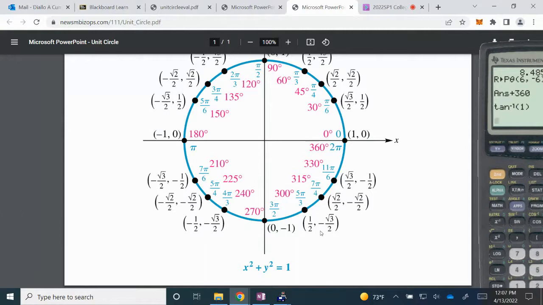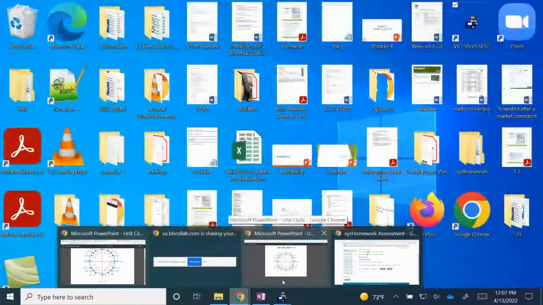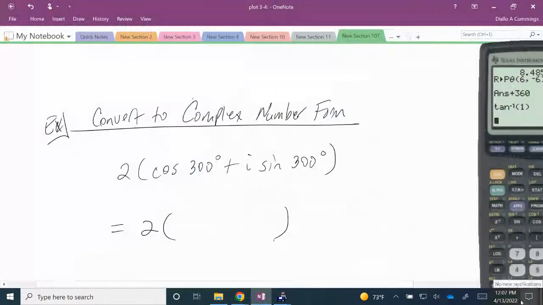The sine of 300 degrees is negative square root of 3 over 2. So I am simply going to substitute that in, right? So the cosine of 300 degrees is 1/2 plus, and then the sine of 300 degrees is negative square root of 3 over 2. Don't forget to include your i.